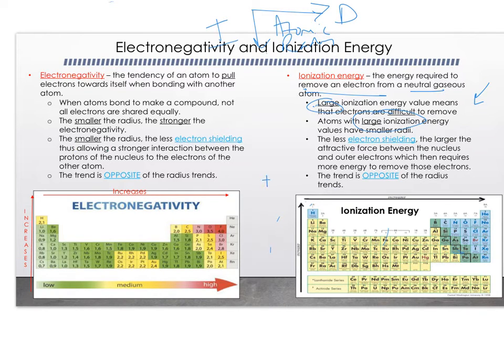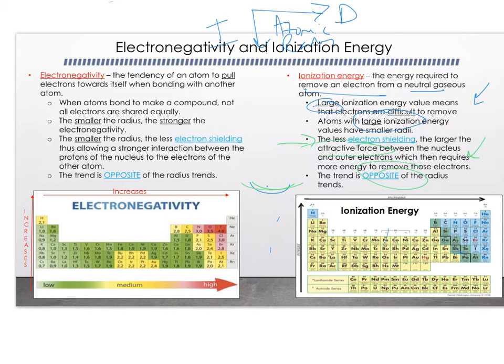That's because the smaller the radius, the stronger the interaction between the positively charged nucleus and the outer electrons is going to be. So the smaller the radius, the higher the ionization energy. You have less electron shielding, and you have a larger attractive force between the positively charged nucleus and the negatively charged outer electrons. So it's going to require more energy to remove something that has a stronger attraction. So again, this is the opposite of the radius trends.